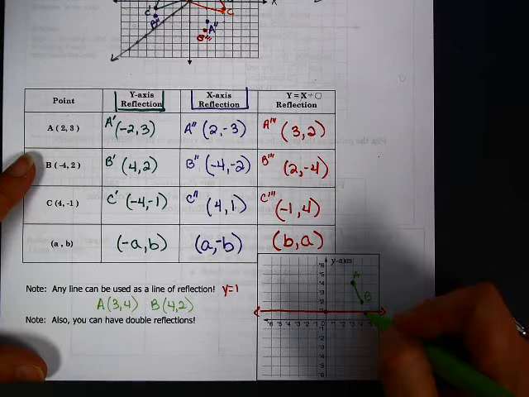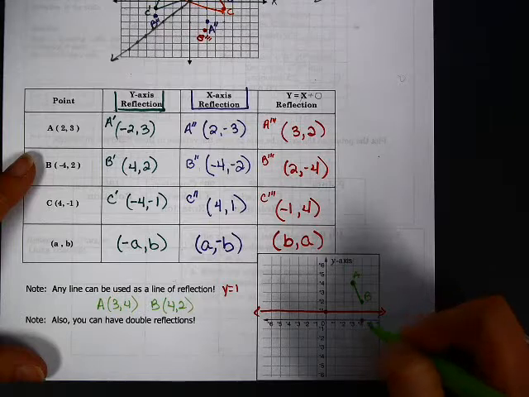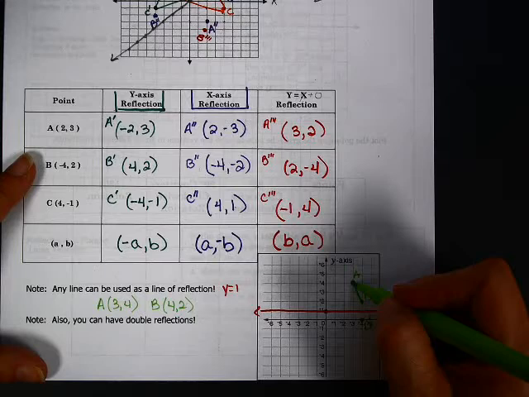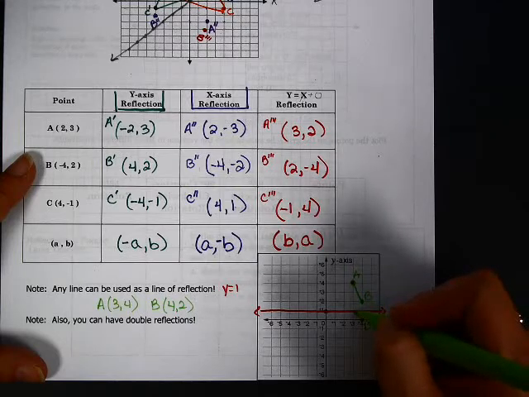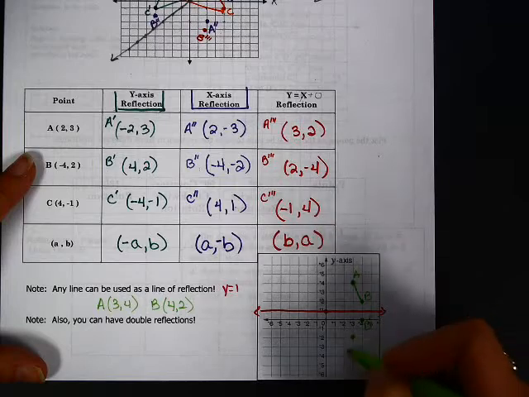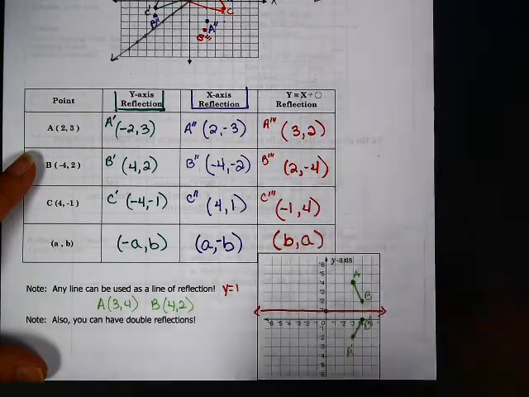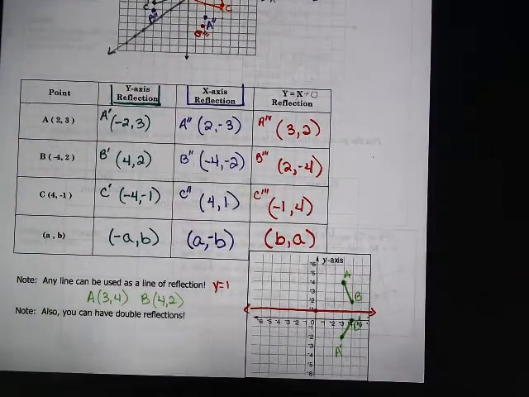I go down 1, and so I go down 1 on the other side. That's B prime. A is 1, 2, 3 away from the line of reflection, so 1, 2, 3 away on the other side. And there's my reflected line of AB.